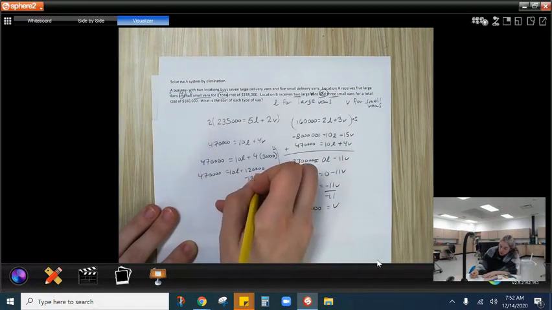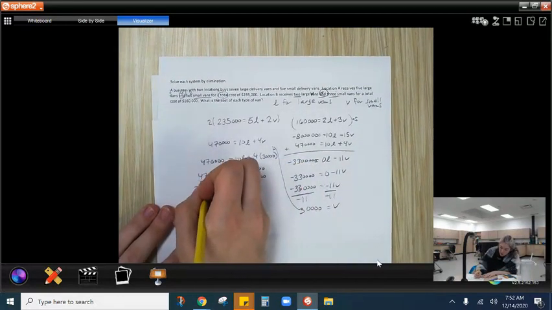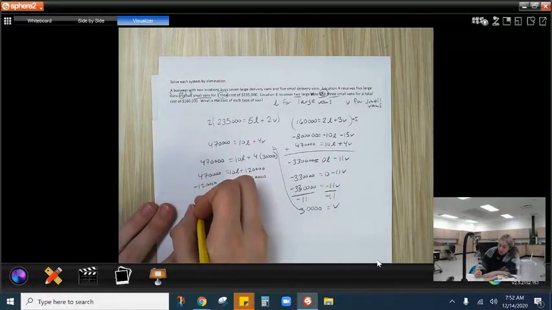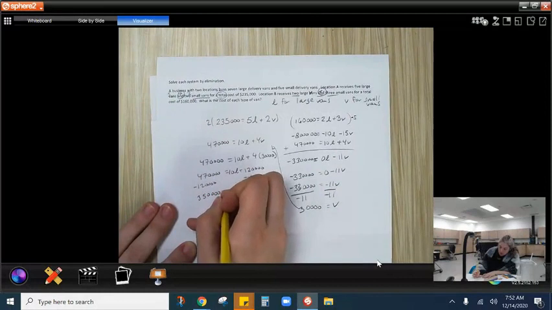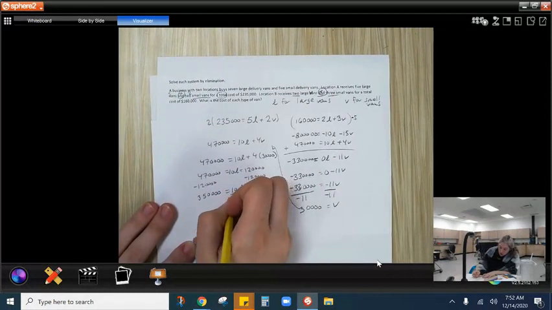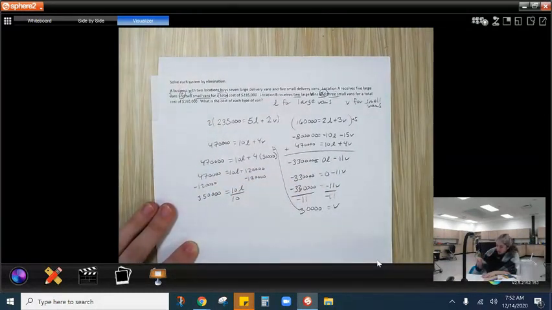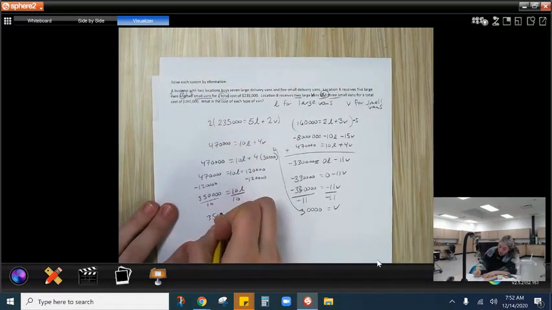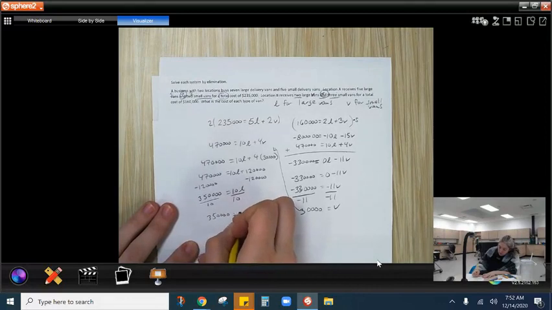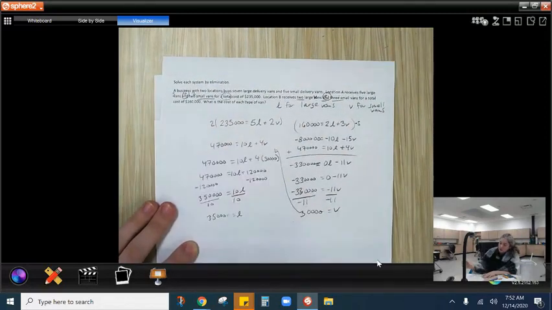So I have to subtract 120,000 from each side. So we get 350,000 equals 10 large. So when I divide by 10, we get 35,000 for the large. Ooh, one too many zeros.